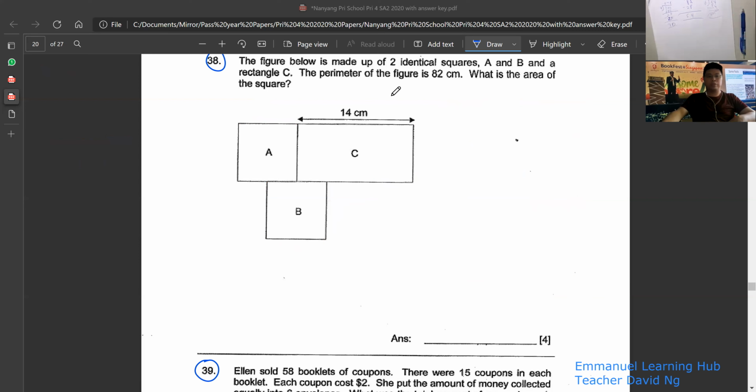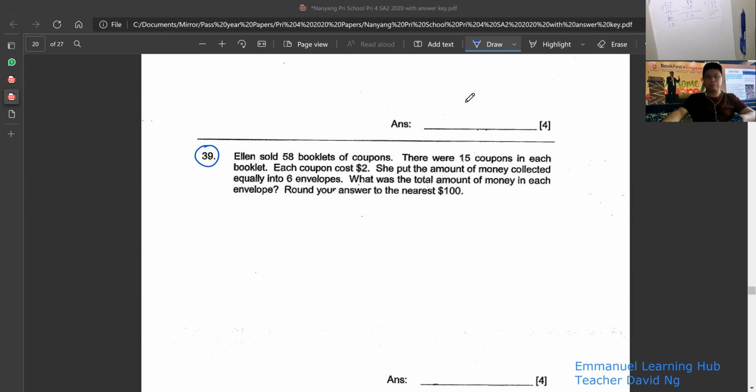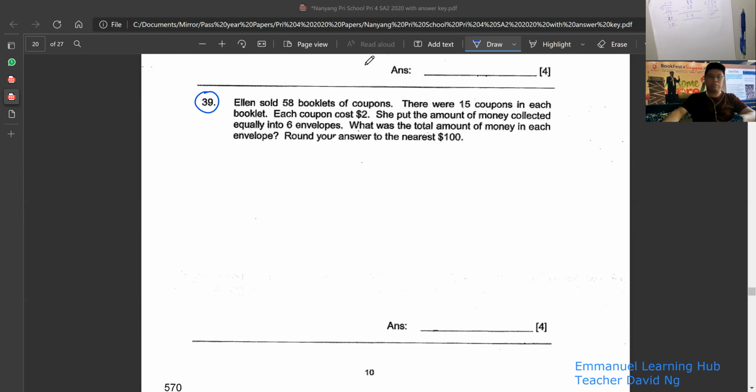Okay, let's move on. 39. Alan sold 58 booklets of coupons. There were 15 coupons in each booklet. Each coupon cost $2. She put the amount of money collected equally into 6 envelopes.